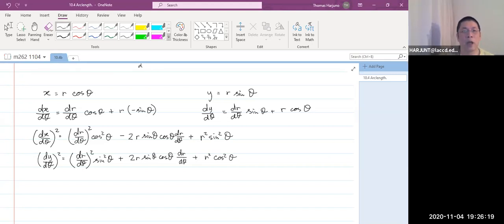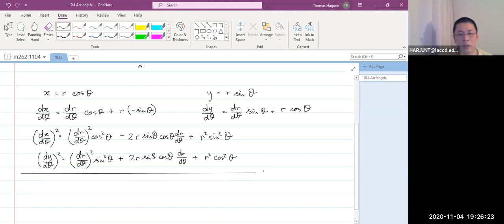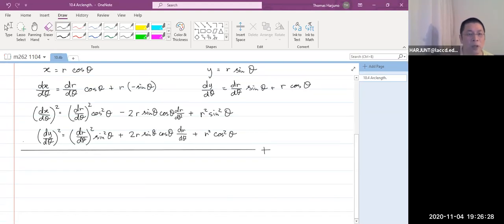Now then, if I add this, notice that the middle term cancels, right? The middle term cancels, and I would have dx d theta squared plus dy d theta squared on the left hand side.